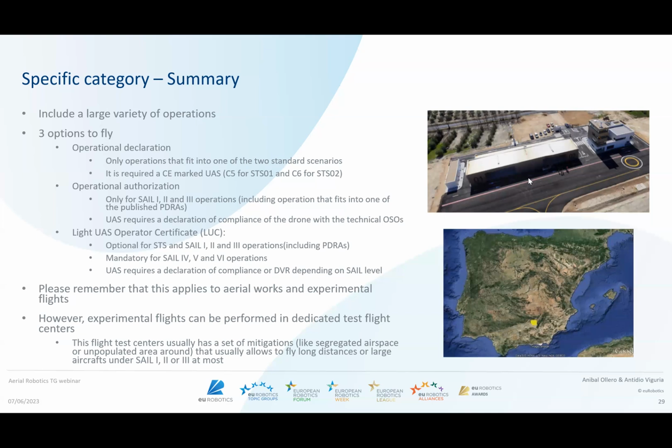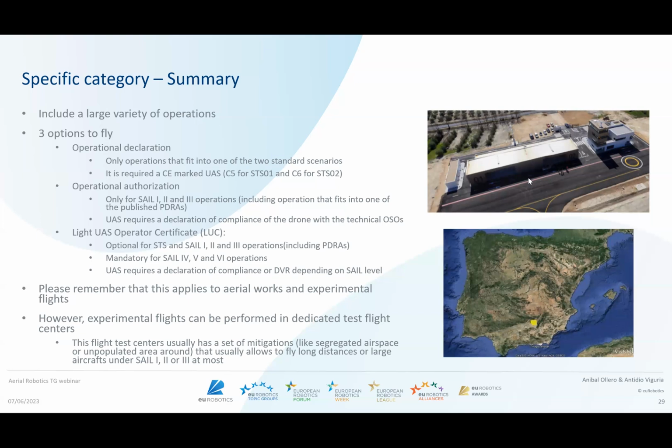This applies to aerial work and experimental flights. You say, okay, how am I going to certify my UAV for experimental flight? That doesn't make sense. That's true. Usually, experimental flights can be performed in dedicated test flight centers. Here are a couple of pictures from a test center that we have at CATEC called Atlas, with a segregated space in a rural area.